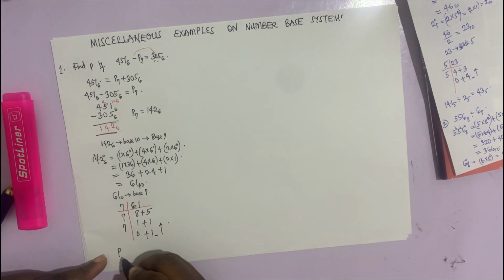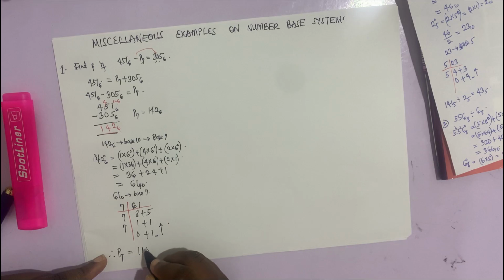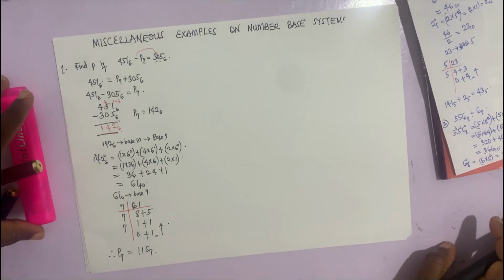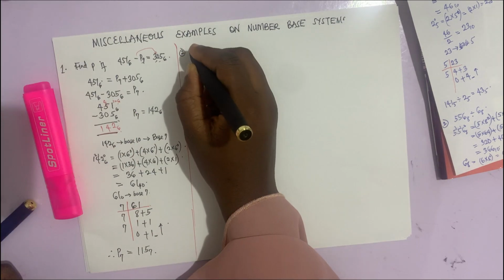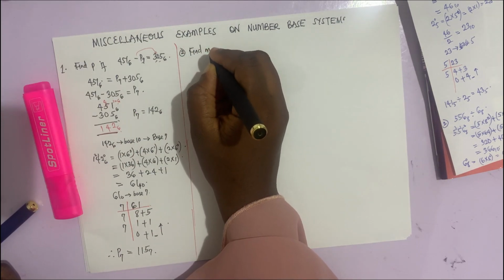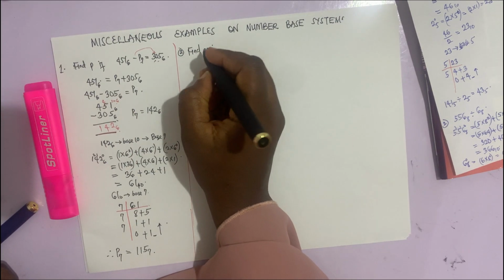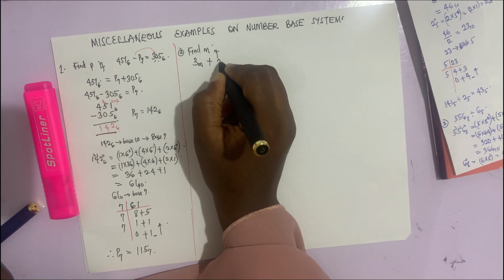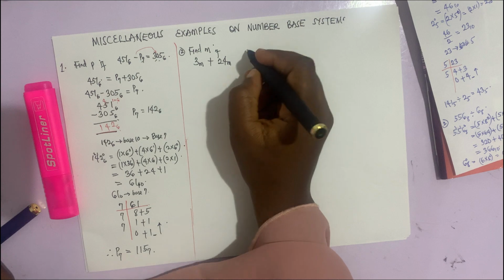So P base 7 therefore is equal to 115 base 7. So P is 115.